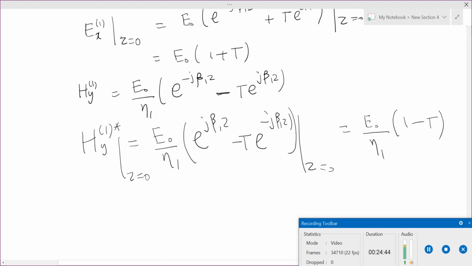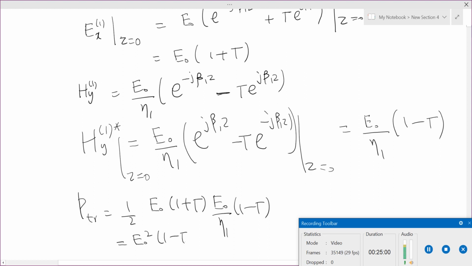Now power transmitted will be half E naught into 1 plus gamma times E naught by eta 1 into 1 minus gamma, which is E naught square 1 minus gamma square divided by twice eta 1.